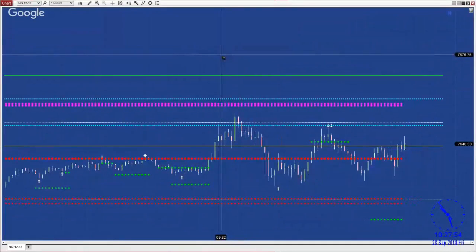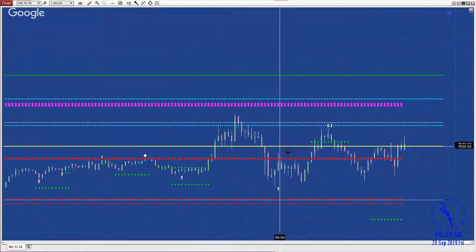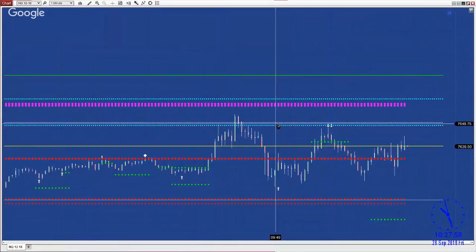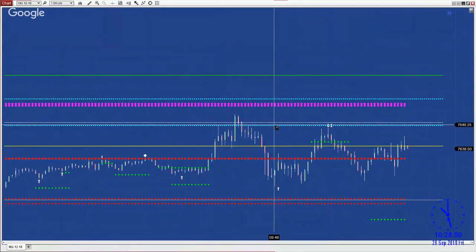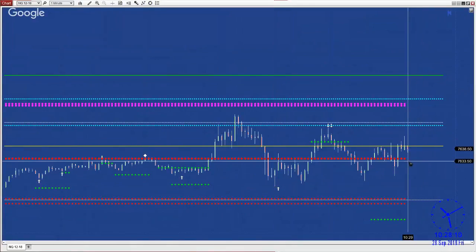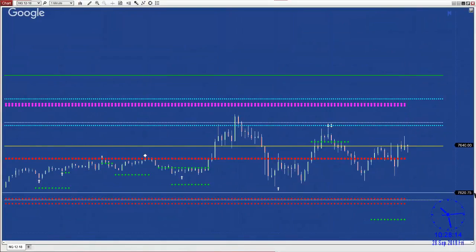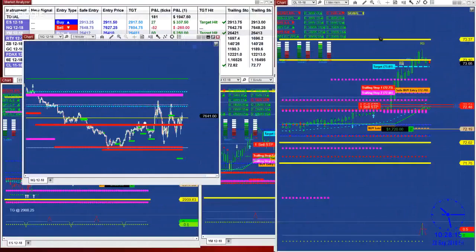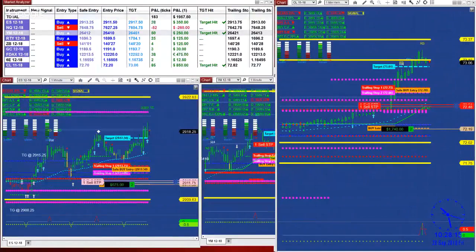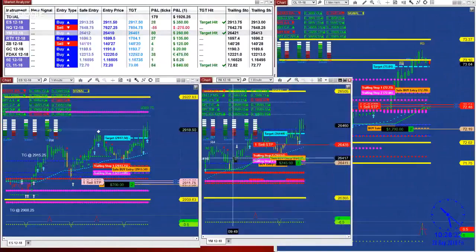Even the CL and ES were trading, and it seems like there is a problem at the 48.25 level. You notice that, and it's not going anywhere on the Nasdaq. You see, it's chop. You cannot trade the Nasdaq at the moment. It's chop. Even the ES is moving, but the Nasdaq is not moving.